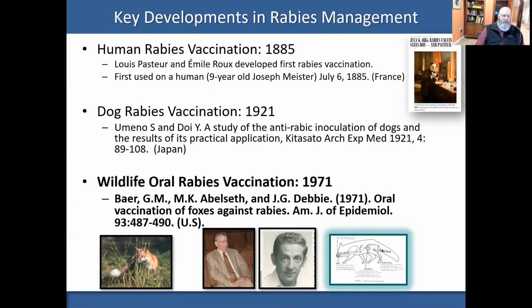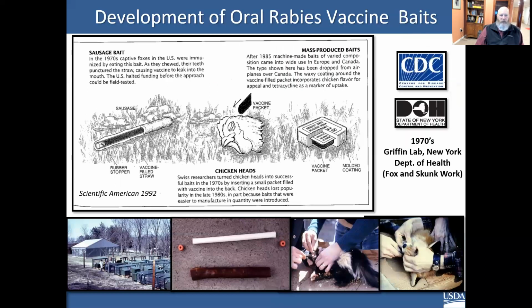Fortunately, in 1971, Dr. Baer and others, and Jack Debby, did a proof of concept that you could orally vaccinate foxes and other species. That work was done at the Griffin Lab in New York at the Department of Health.